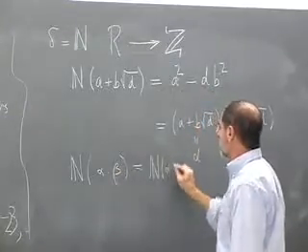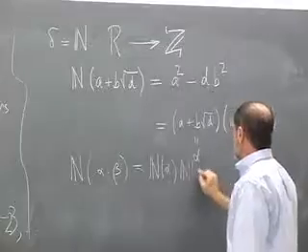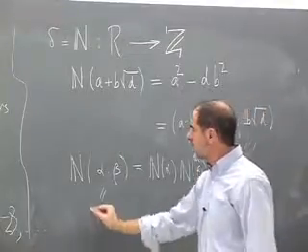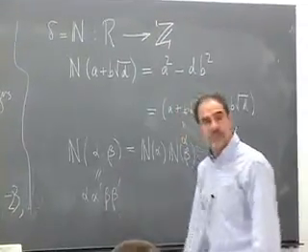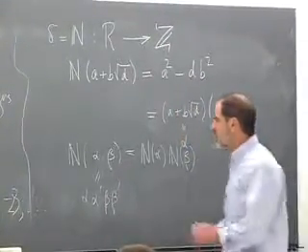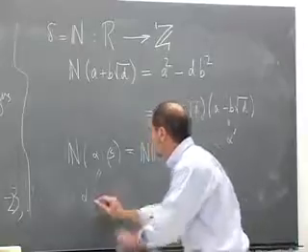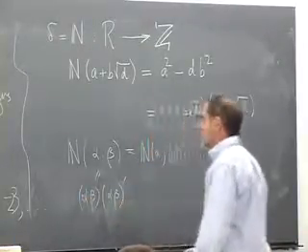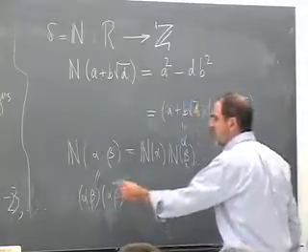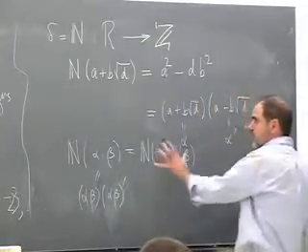We saw this in the Gaussian numbers. And the reason is that this norm of a product is just alpha beta times alpha beta prime. And you find that alpha beta prime is alpha prime times beta prime, and then you rearrange it.